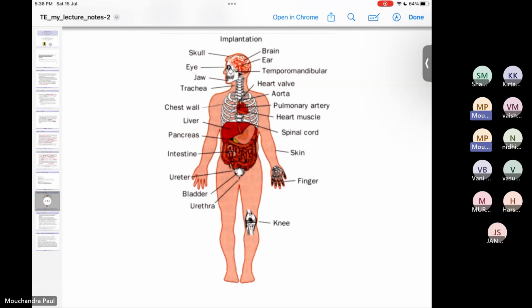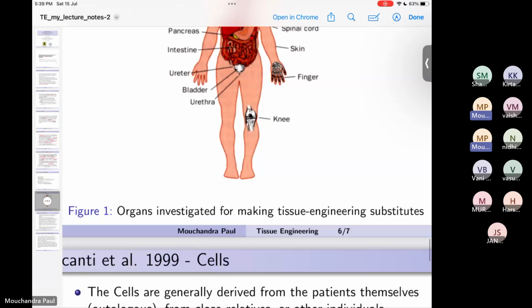And you can divide the field of tissue engineering by organ type, like skin tissue engineering, liver, lung, heart, brain, actually nervous tissue engineering. The target is to make a product that is able to promote healing of that particular organ if it has undergone some kind of injury. So this is the figure.